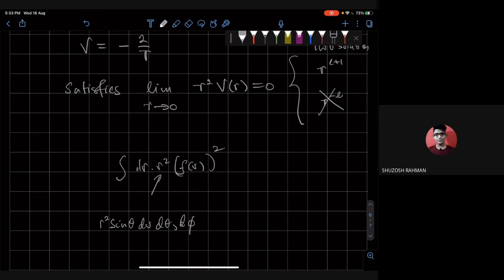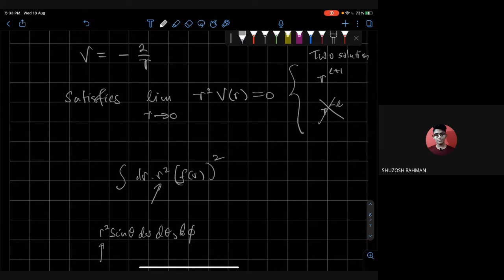So in principle, suppose l is say 1, then the square of this is going to give me r squared. In that case, this r squared and this r squared can cancel out, and then it will not diverge.